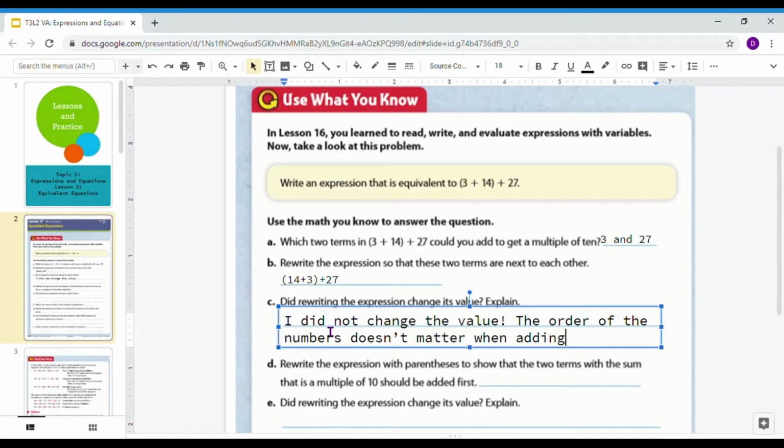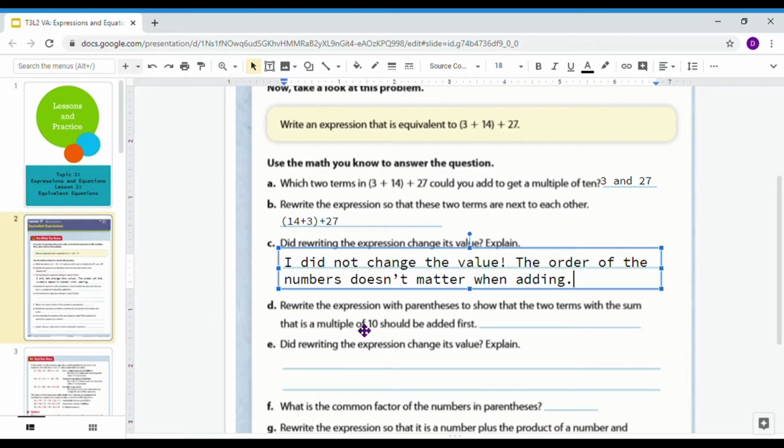When you're doing things like dividing and subtracting, the order of the numbers is crucial. It's 100% important, but when you're adding and multiplying, the order doesn't quite matter because it's commutative, and that means that no matter the order, you'll get the same answer.